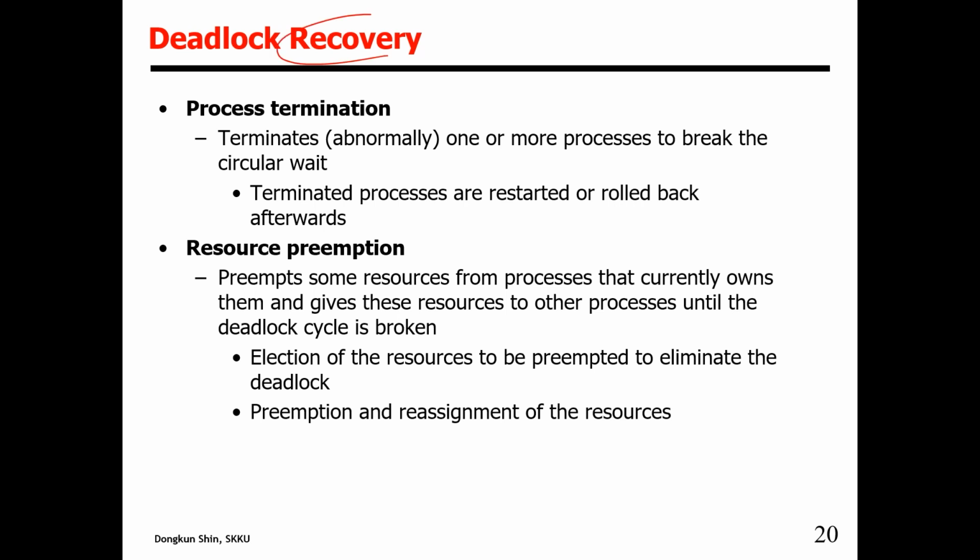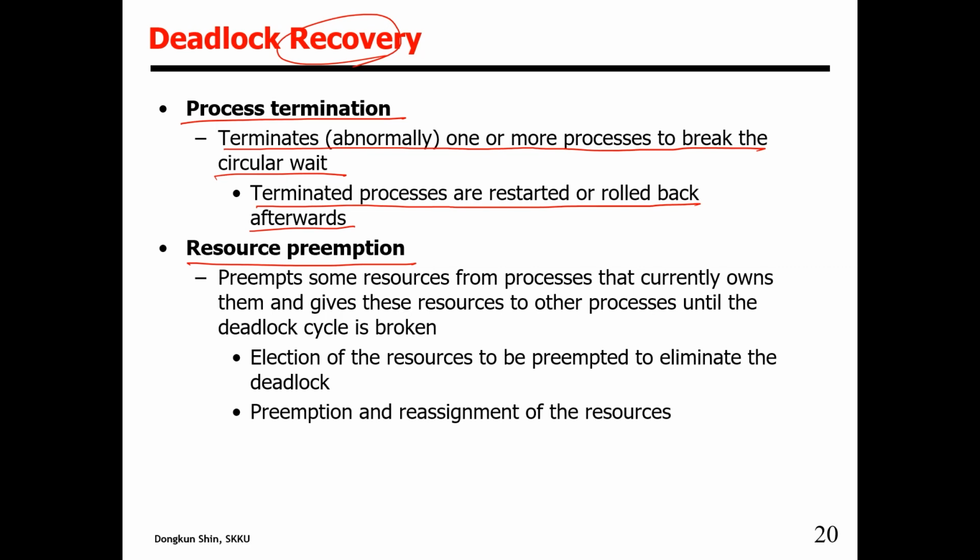After the deadlock detection, we must recover the system from deadlock. To recover, we can use the technique of process termination or resource preemption. Process termination means the operating system will terminate one or more processes to break the circular wait between the processes. The terminated processes are restarted and rolled back afterward, and the terminated processes release their resources also.